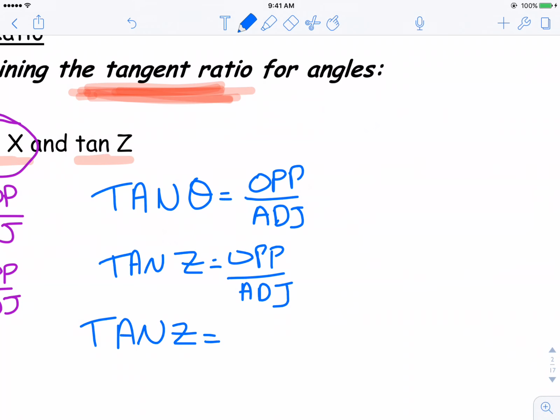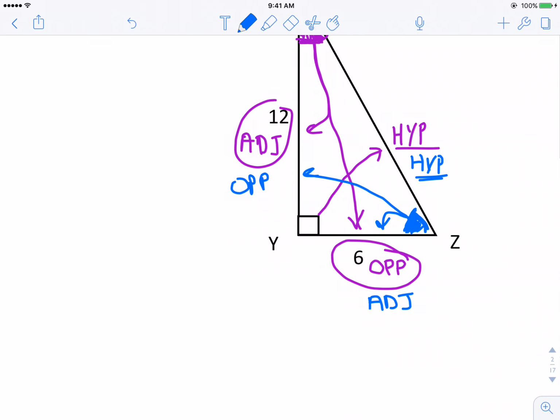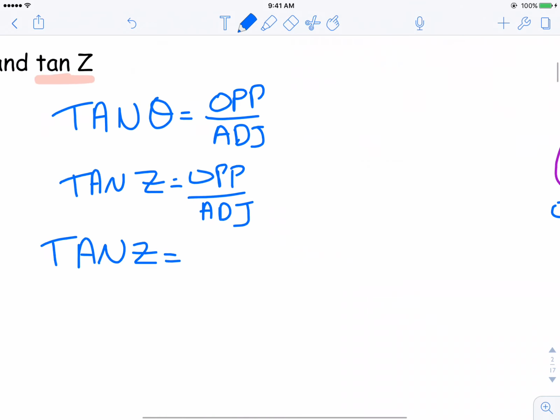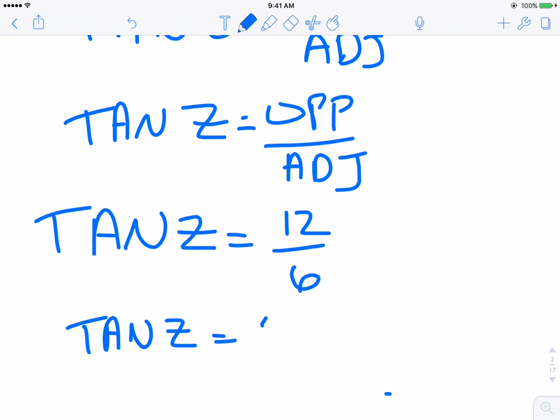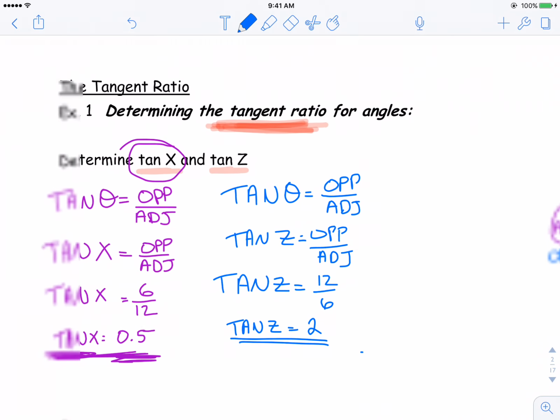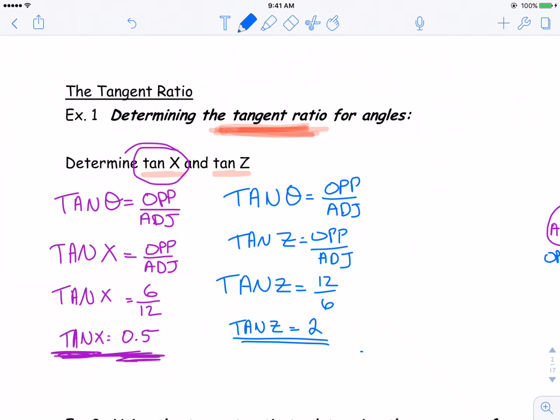This time my opposite side is 12 and my adjacent side is 6, so this is 12 over 6. If I simplify that, tangent z is equal to 2. So there are my two trig ratios for tangent x and tangent z. Those are just the ratios, and that's the first step.